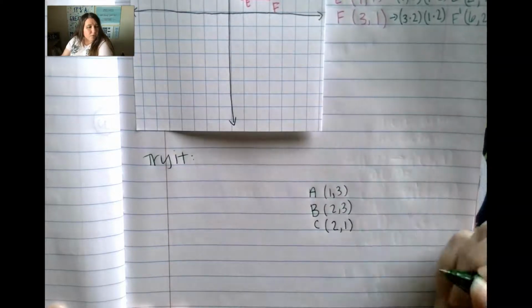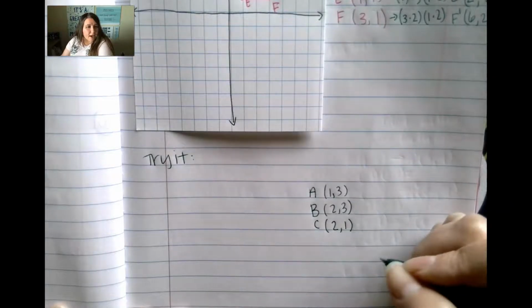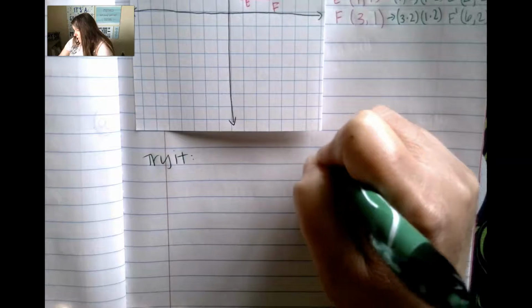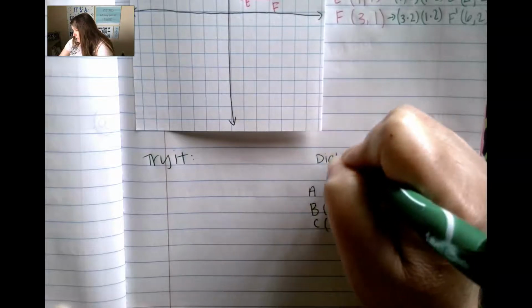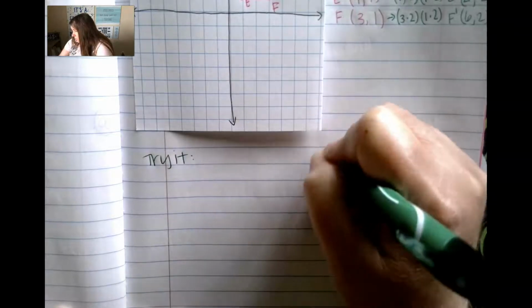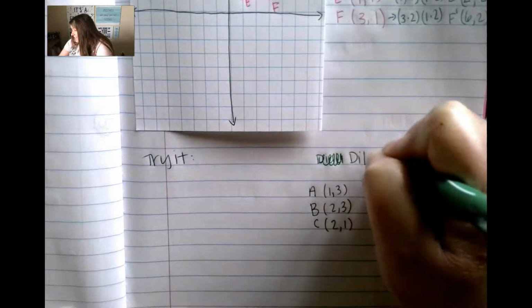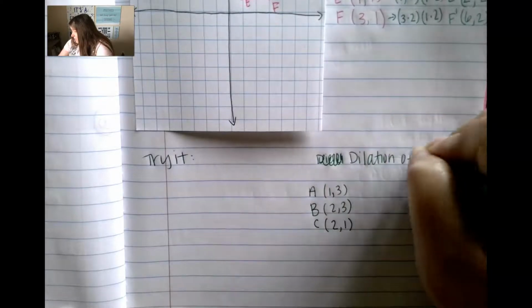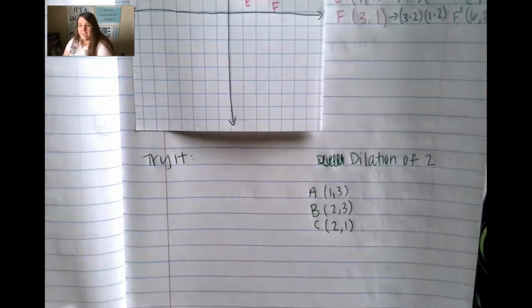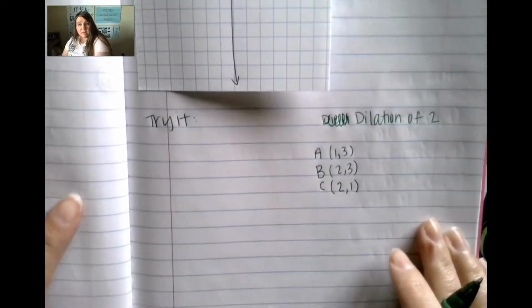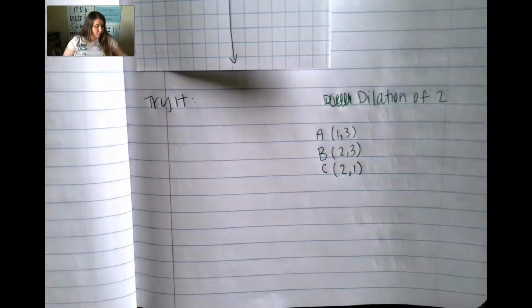And I would like for you to dilate this by a factor of 2. So dilation of 2. Okay, so your scale factor equals 2. Go ahead and hit pause right now so you don't hear me solving this. And then when you're ready, come on back and hit play to check your work.